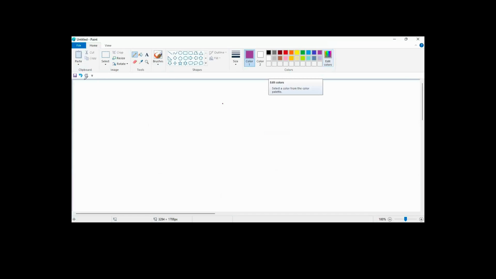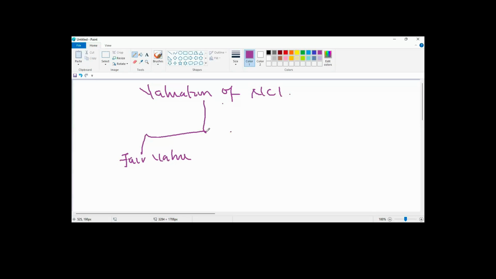Now, NCI, I want to know the valuation of NCI. I want to value NCI. NCI can be valued in two ways. Either it is fair value or share of proportionate.